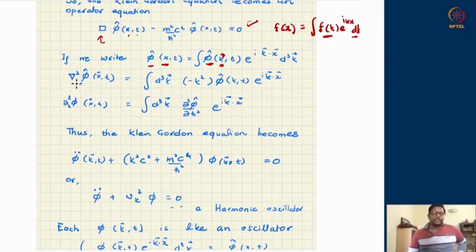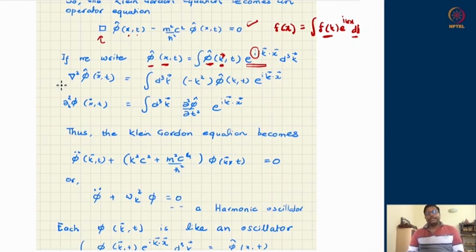So for instance, if I act the double derivative with respect to x on phi, the double derivative will search for x dependency. x dependency is only in the exponential. So the exponential function will undergo the double derivative with respect to x, and you will get a minus kx square, minus because i will come down twice under the double derivative.